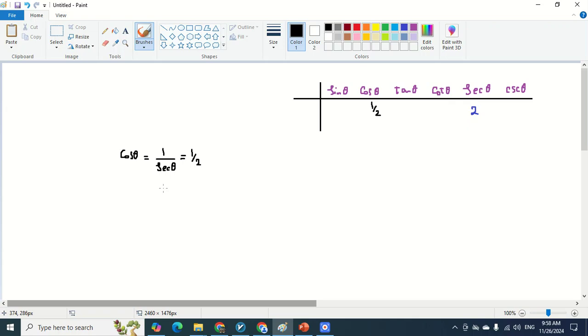Right now I can also calculate the tangent of theta. You remember that we had this relation that 1 plus tangent square of theta was equal to secant square of theta.